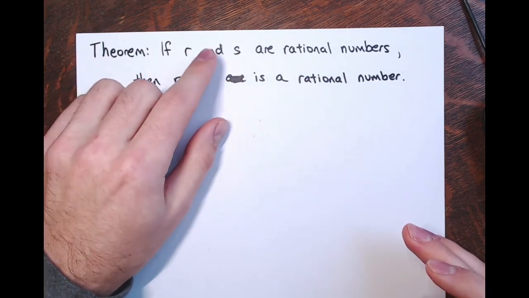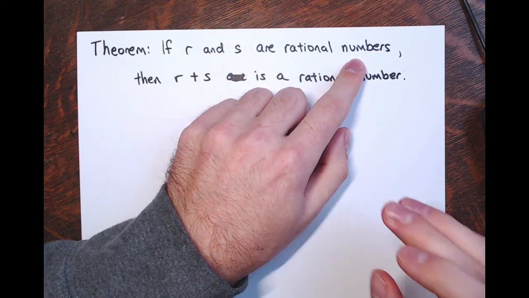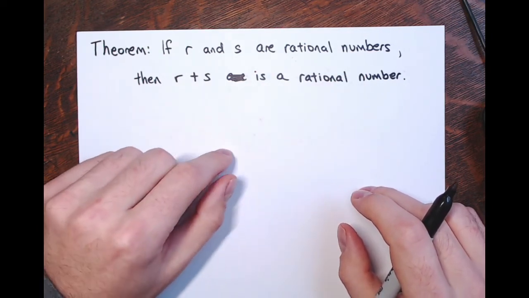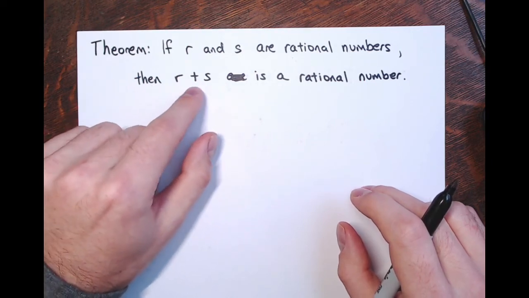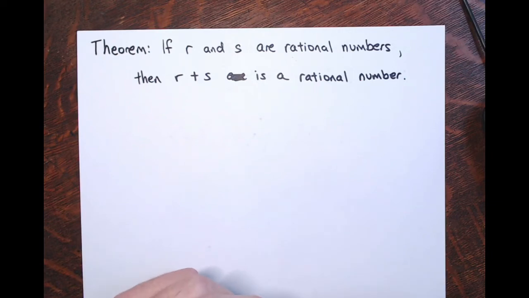If R and S are rational numbers, and go back to section 2.1, look at the definition of rational numbers, then R plus S, their sum, will also be rational. Now I've mentioned before, with integers, the sum of two integers you can assume is an integer. That's just something that you can assume. Even with real numbers, which is a bigger set than the rationals, you can assume that the sum of two real numbers is real.